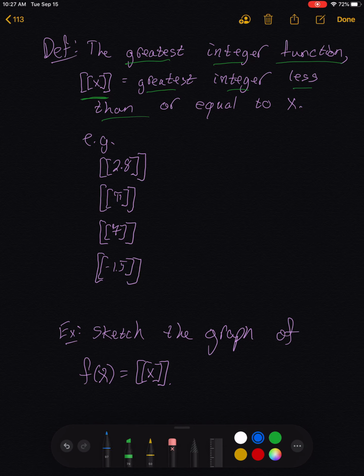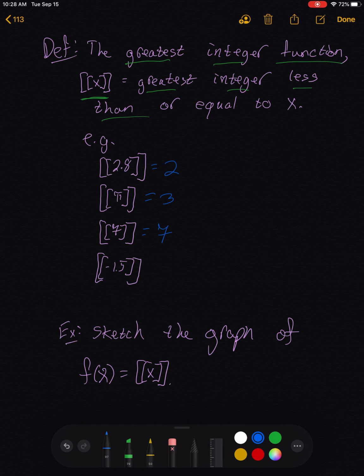As a couple quick examples, the greatest integer for 2.8 would be 2. 2 is the largest integer less than or equal to 2.8. For pi, this would be 3, since pi is roughly 3.14, and 3 is the largest integer less than or equal to pi. The greatest integer function for 7 would give us 7.